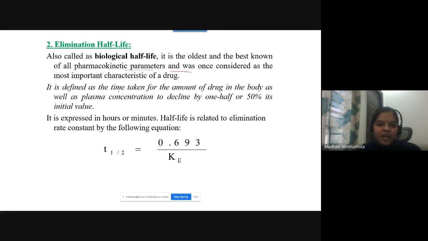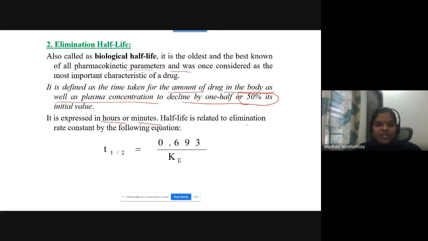See the definition carefully. It is defined as the time taken for the amount of the drug in the body, as well as the plasma concentration of the drug, to decline by 1/2 or 50% of its initial value. It is expressed in hours or minutes.